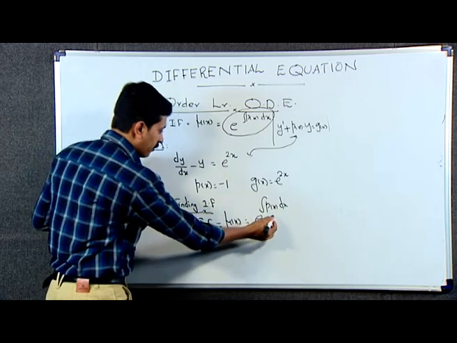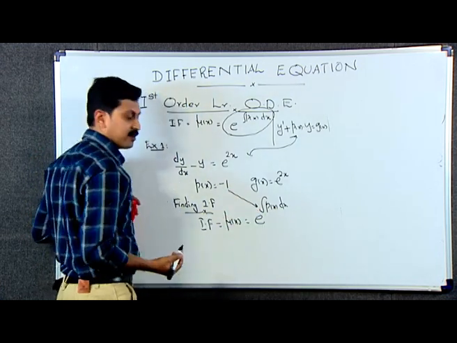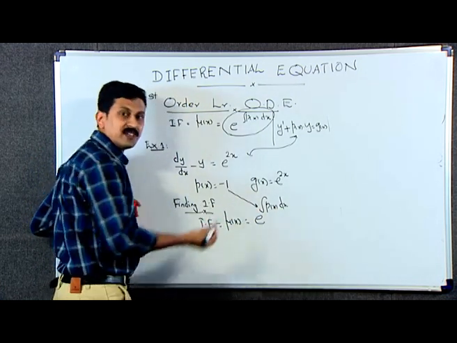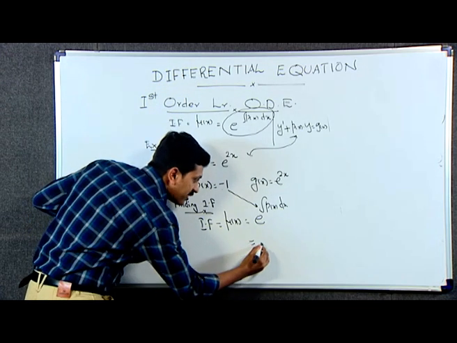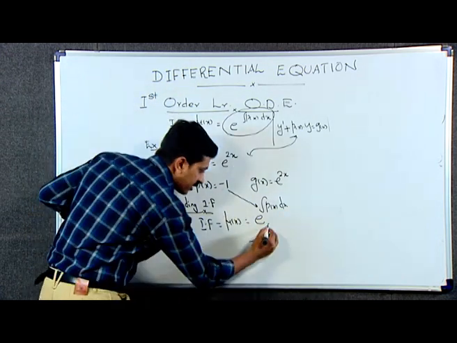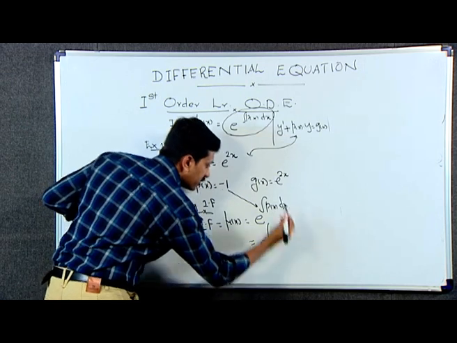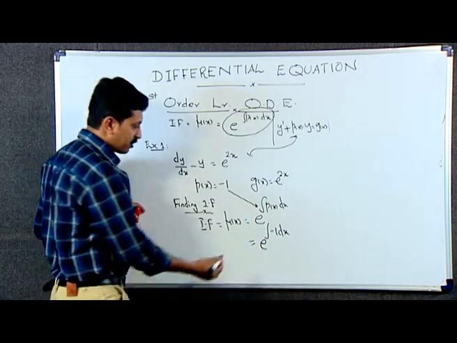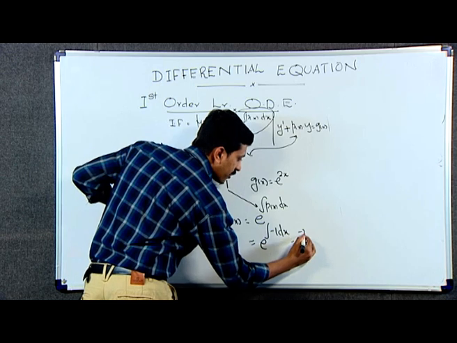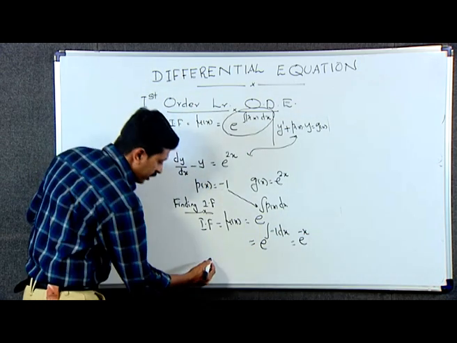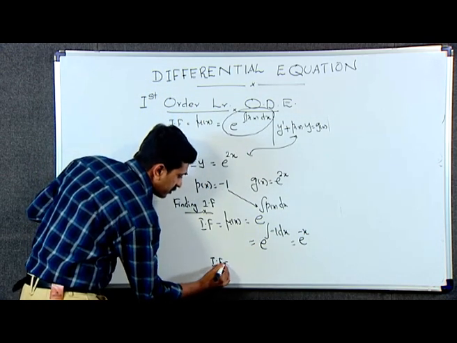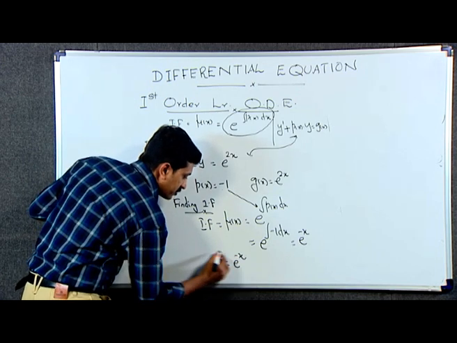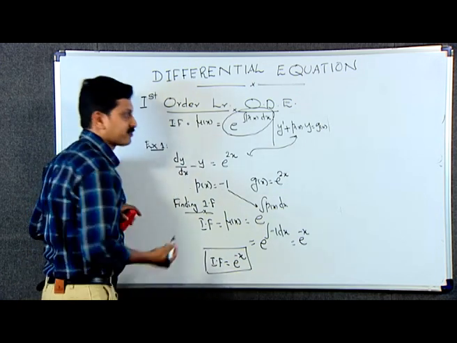We have the value of p of x as minus 1, so we apply that here. We have e raised to integral of minus 1 dx, that is equal to e raised to minus x. So, the integrating factor is equal to e raised to minus x.